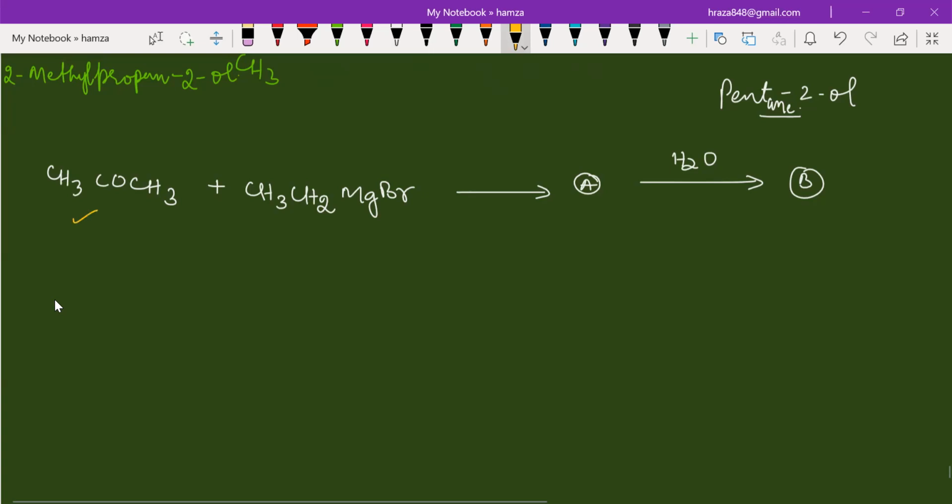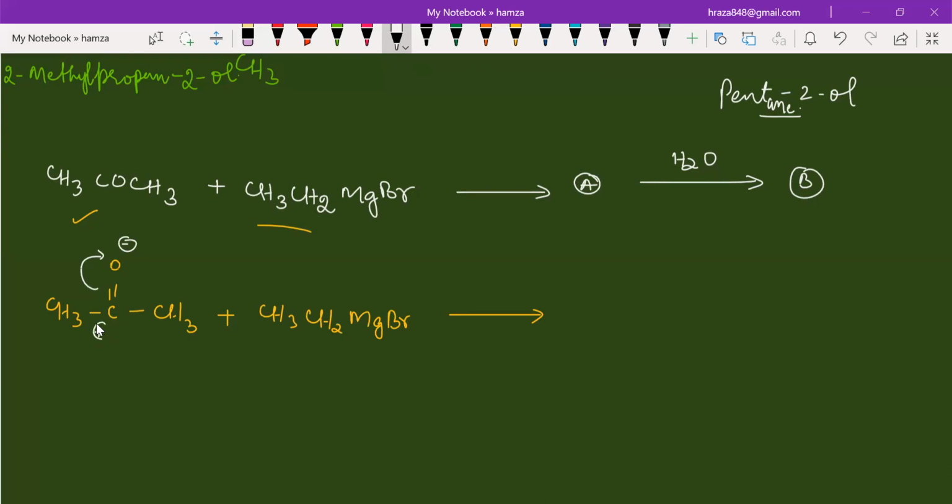So can I write this as CH3 C double bond O CH3? And can I write this as it is CH3 CH2 MgBr? Now see what happens here. It's very simple. Again, do the same negative, positive. This will be delta negative. There will be delta positive.